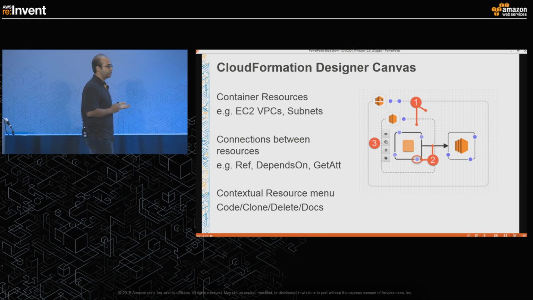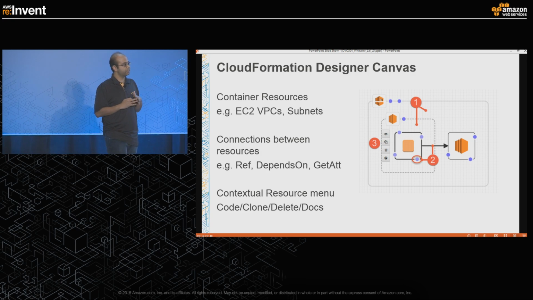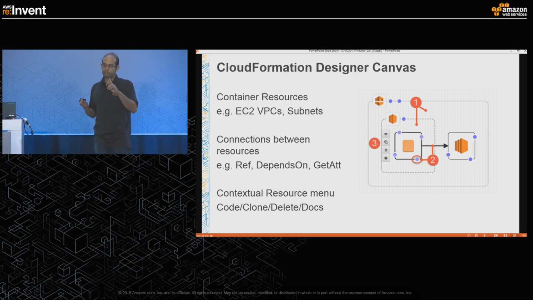The designer canvas, we saw how it helps you with all the different relationship types. You saw containment relationships. There are arrow relationships. We've got references. We've got depends on. We've got function get-ats. All of the dependencies are visualized within the designer.